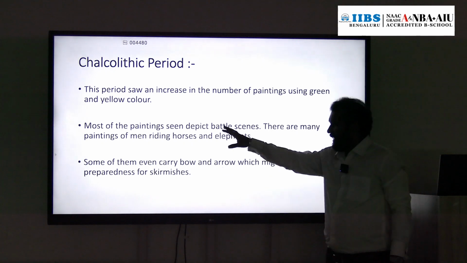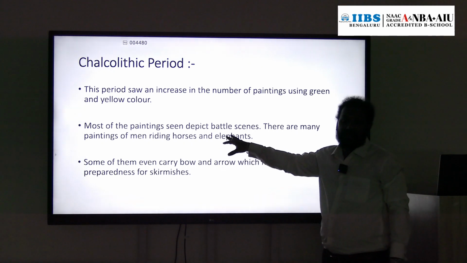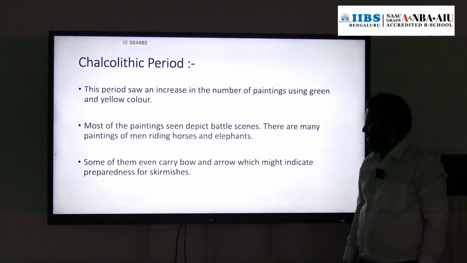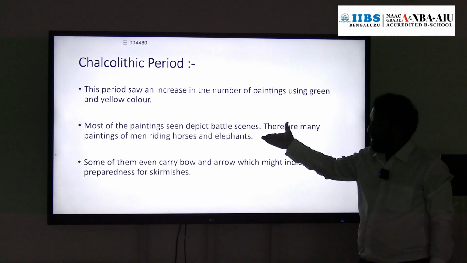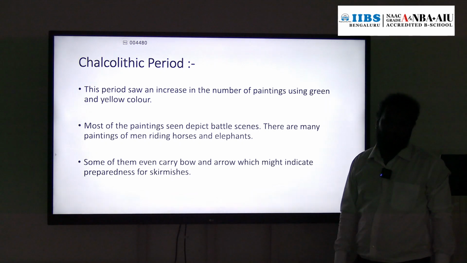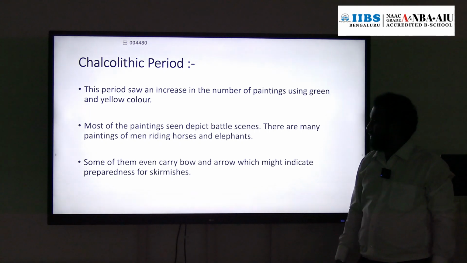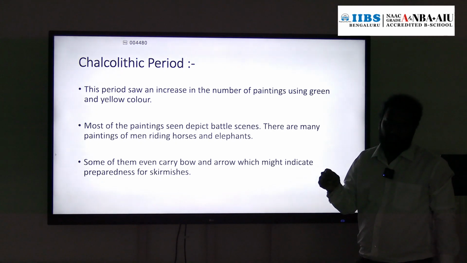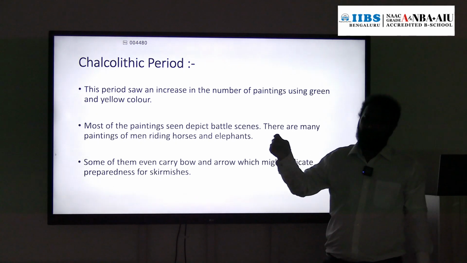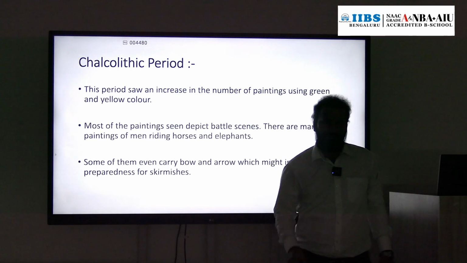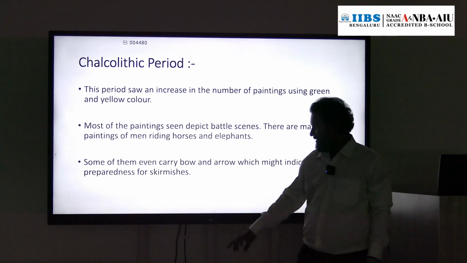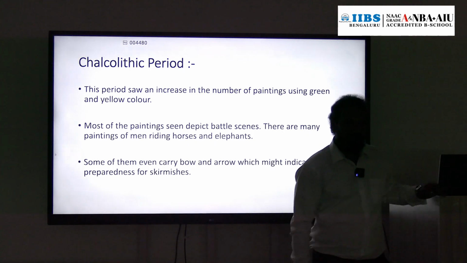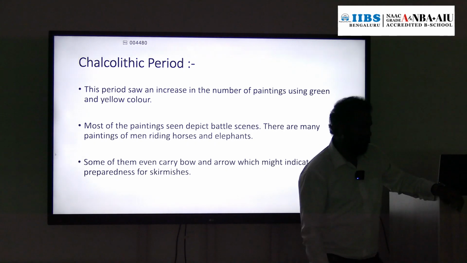Apart from that, paintings of a man riding a horse or an elephant were also present. Some humans are depicted carrying bow and arrow, in preparedness for war. They show group clashes, that is, skirmishes. That painting is also present.